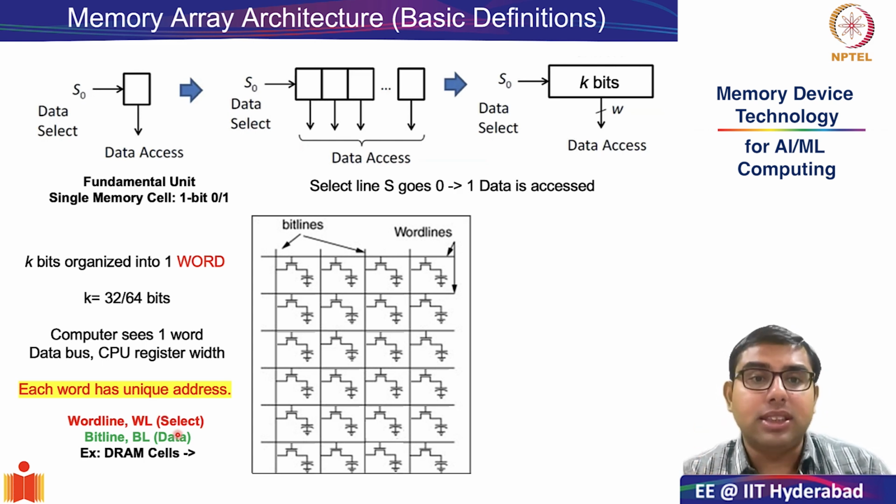And the data pins, which we see over here, the data access pin is essentially known as the bit line. So word line indicates which word has to be read out of the several words which are stored in the memory array, and the bit line contains the information which was stored in that individual memory element.